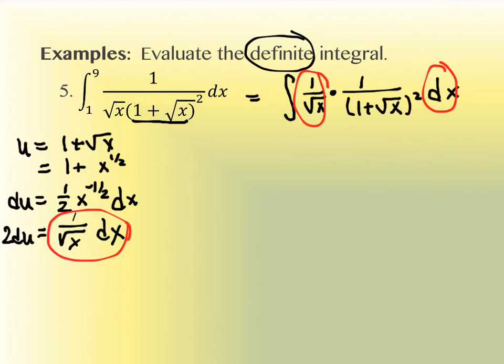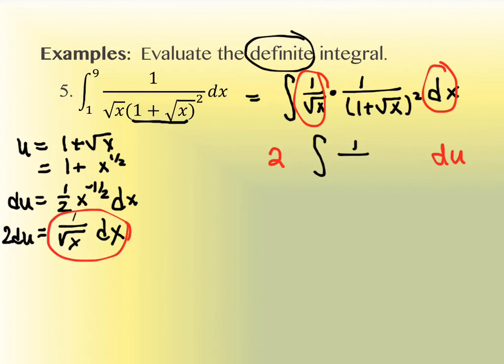So all the part that's in red is going to get replaced with a 2 in the front and a du in the back. So I've got 2 in the front. I've got du in the back. And then I've got this integral. The integral is 1 over what? Can you make the substitution?